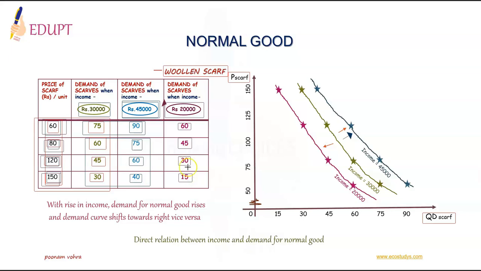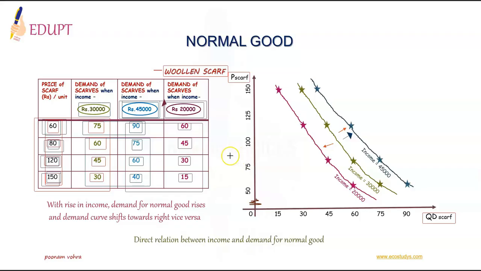So one can notice that with fall in income from 45,000 to 20,000, quantity demanded has also fallen in each case. But looking at the price and demand, there still exists the inverse relationship. As price rises, quantity demanded falls.